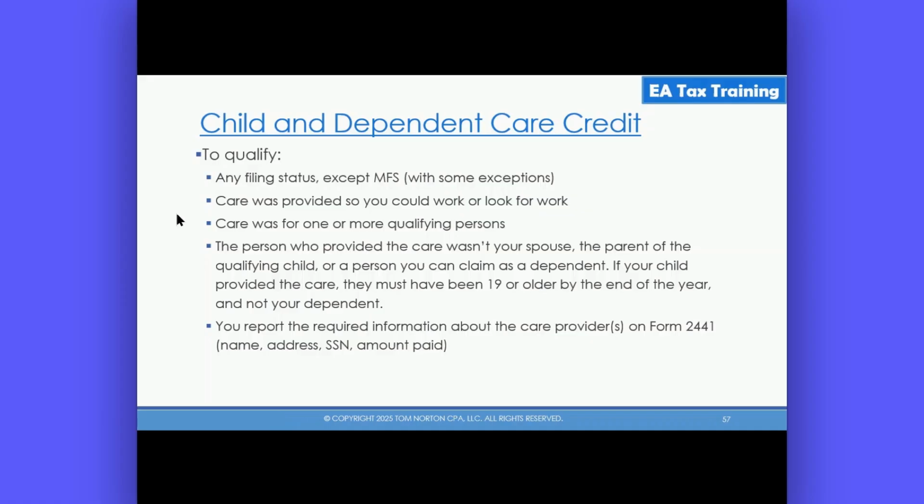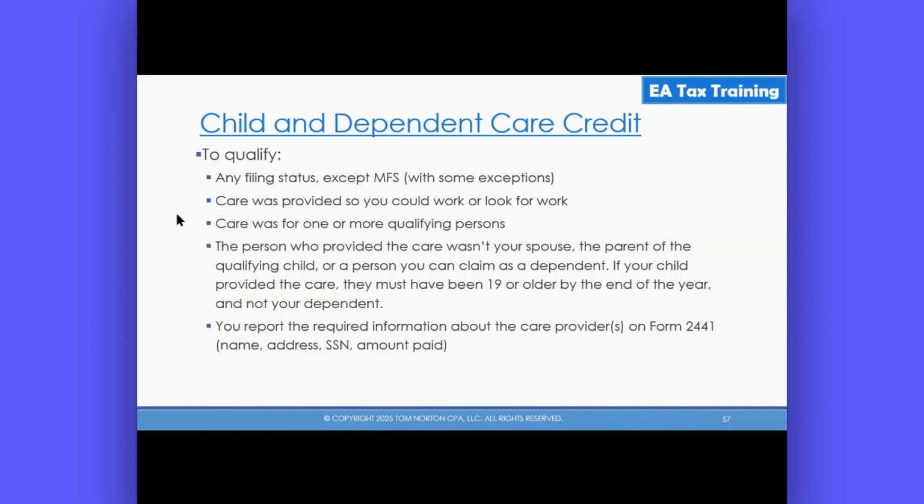The care was for one or more qualifying persons. The person who provided the care was not your spouse, the parent of the qualifying child, or a person that you can claim as a dependent. So you can't pay your spouse to care for your child and then take the child and dependent care credit for that.